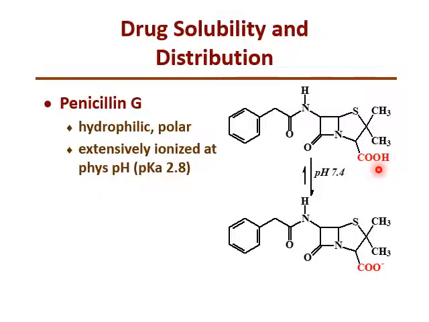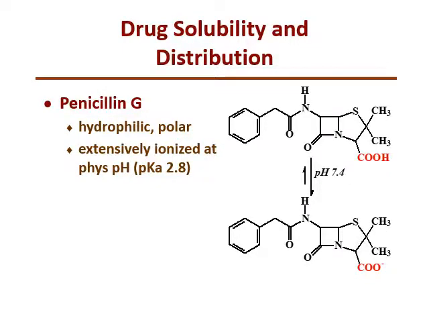Certainly the ionized form is polar, but even the protonated form, look at all these heteroatoms, sulfur, nitrogen, oxygen. This is a very polar compound. So I think it qualifies to be called a hydrophilic polar compound. As I said before, it's also extensively ionized.